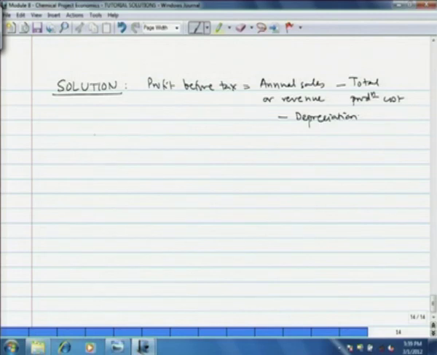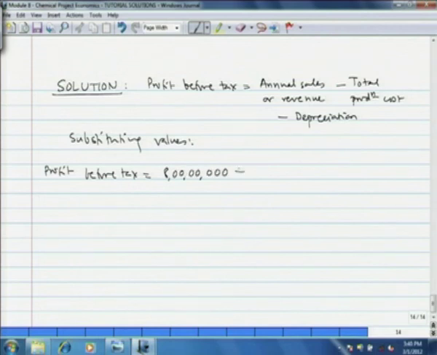Now, we substitute values. Profit before tax is equal to annual sales, which is 8 crore, minus the annual expenditure 2 crore or total production cost, minus the depreciation, and it is at straight line.